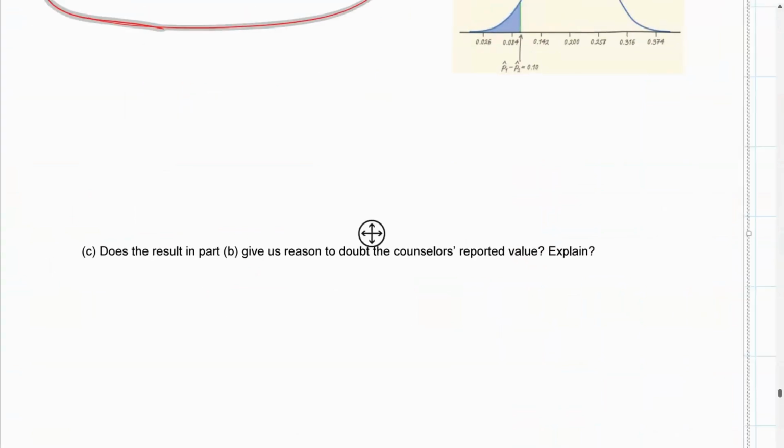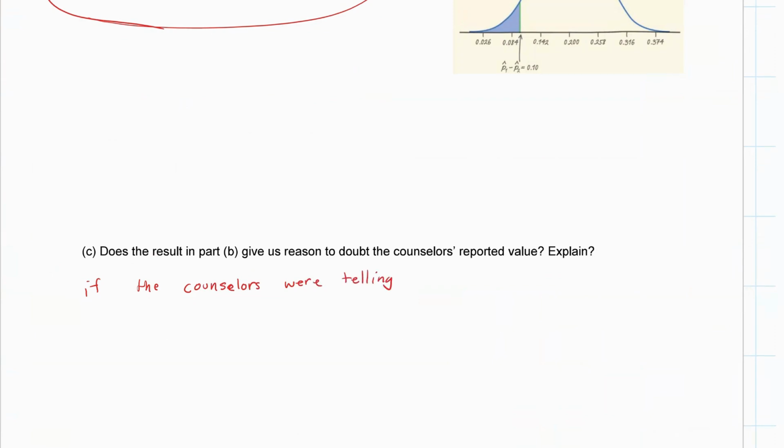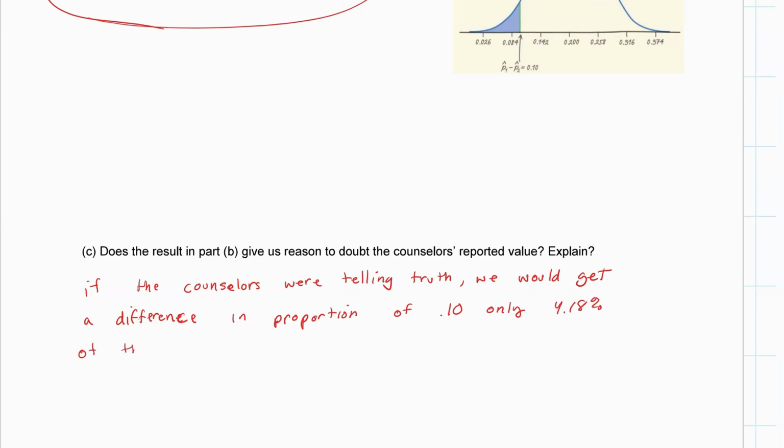I might say, if the counselors were telling the truth, we would get a difference in proportion of 0.1 only, well, maybe I'll change it to a percentage, 4.18% of the time.